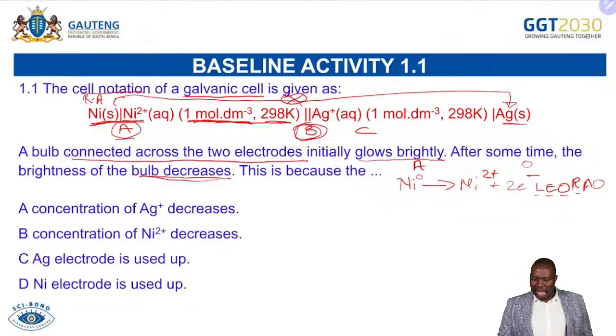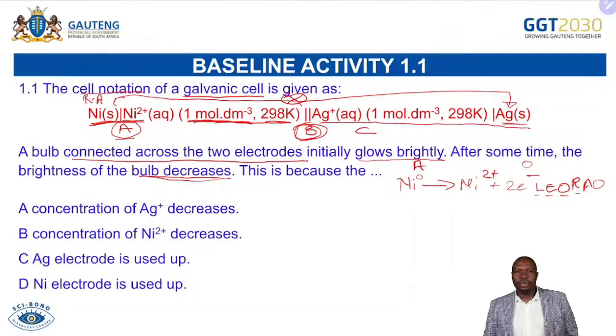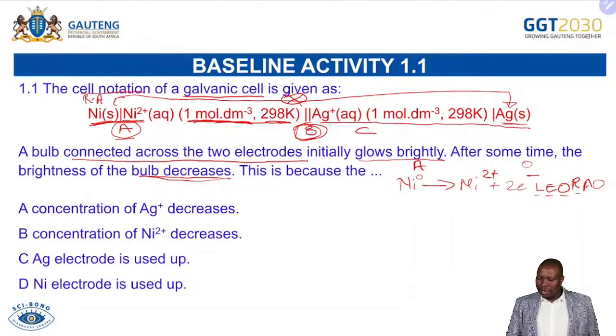So definitely, as the electrons move this side, we now have the cathode side. Let's look at the reaction that is taking place on the cathode side. We start with Ag+, which is our silver ions. So Ag+ will gain the electron to form Ag.